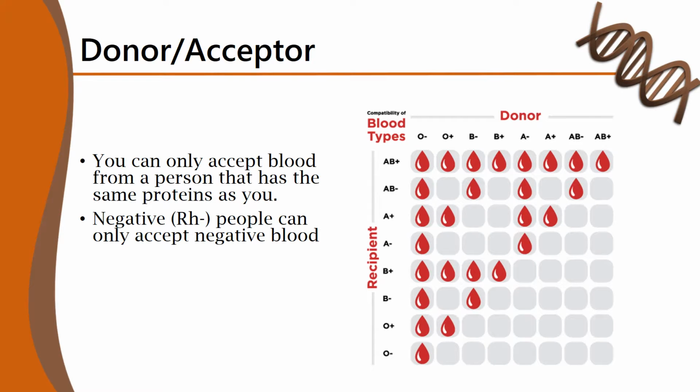Rh negative people can only accept negative blood because they do not have the Rh protein on the surface of their blood. A couple of notes from this diagram: if you are AB plus, then you can accept blood from anybody. And if you are O negative, then you can donate your blood to anybody.